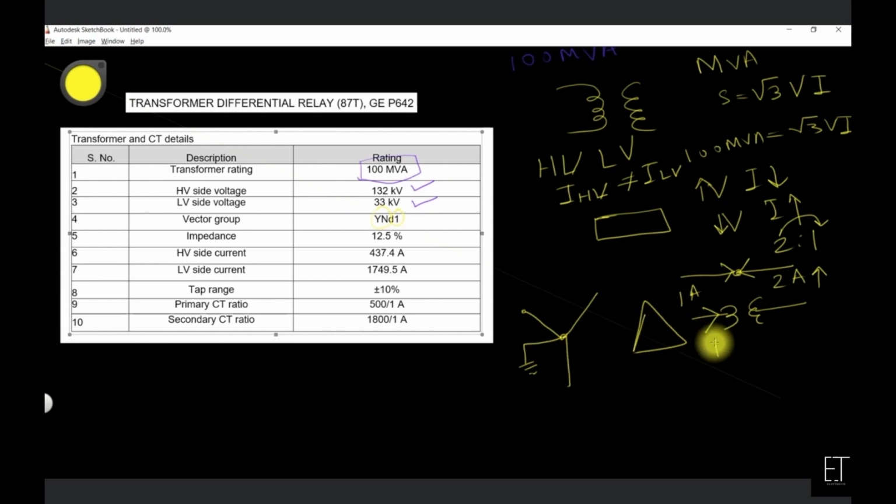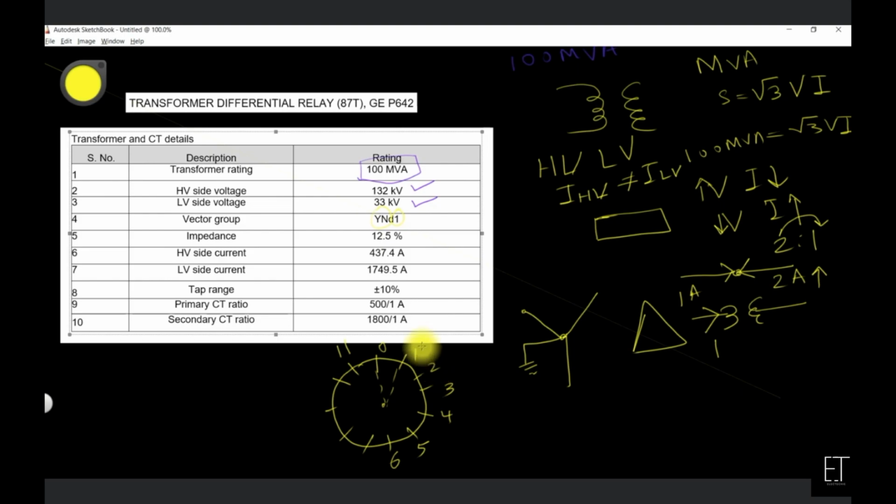And 1 here is indicating, if you know the clock method, that the clock is divided into 12 equal parts, starting from 0, 1, 2, 3, 4, 5, 6, 7, 8, 9, 10, 11. So the phase shift between HV and LV for 1 is 30 degrees.